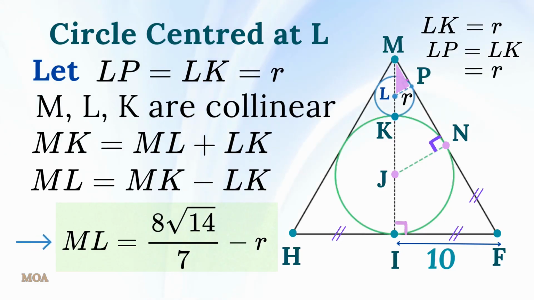Rearranging to isolate ML and substituting LK equals R, along with our previously determined value for MK, which is 8 times the square root of 14, all over 7, we obtain ML equals 8 times the square root of 14, all over 7, minus R.